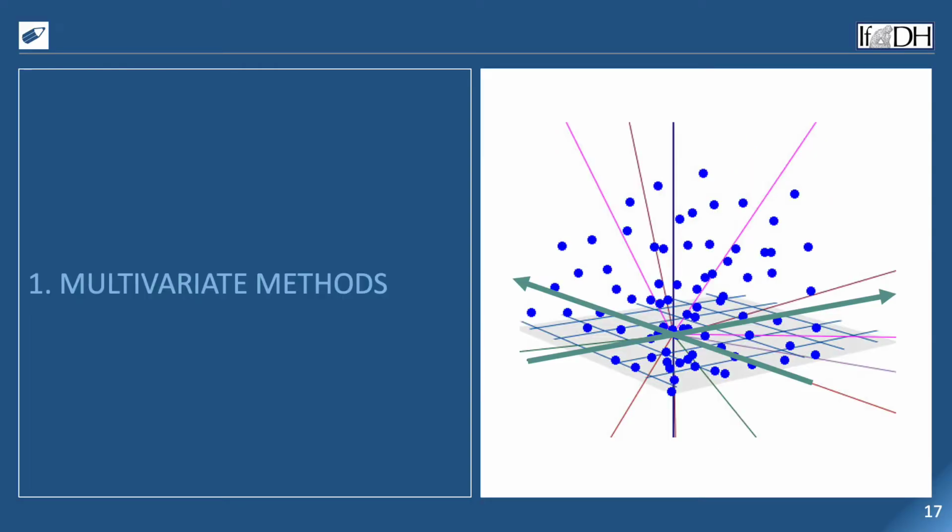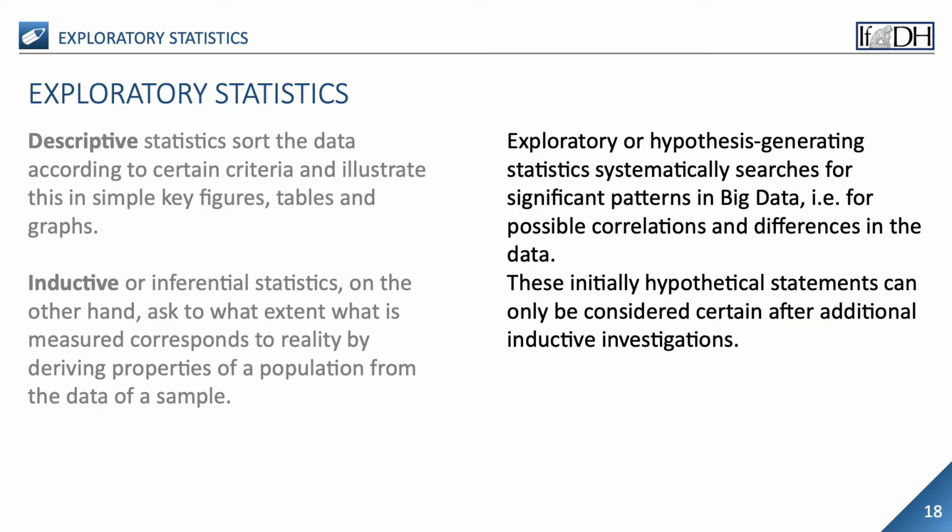By this is meant that one examines several statistical variables at the same time. In addition to descriptive and inductive statistics, we could also mention exploratory or hypothesis-generating statistics, which are becoming increasingly important. In the DH field, this is also referred to as data mining.